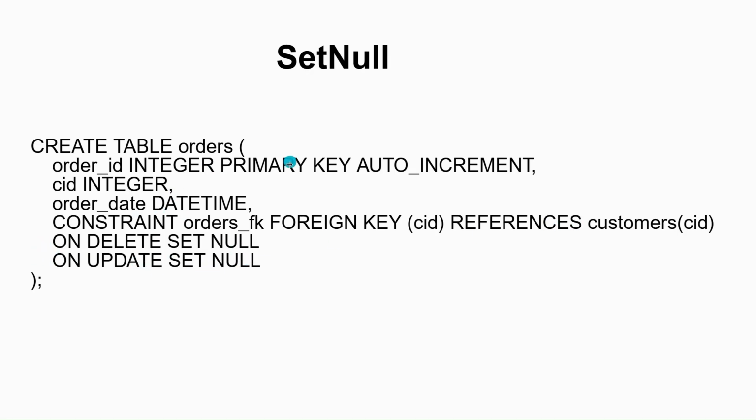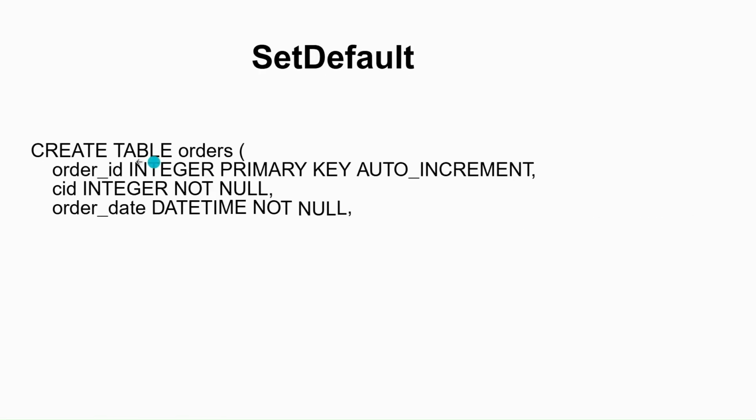So in this case, if the customer in the parent table is deleted, the customer ID column in orders will be set to null values, instead of blocking or deleting the row. This works when the child table column is nullable and helps preserve the order record, but removes the link to the deleted customer.